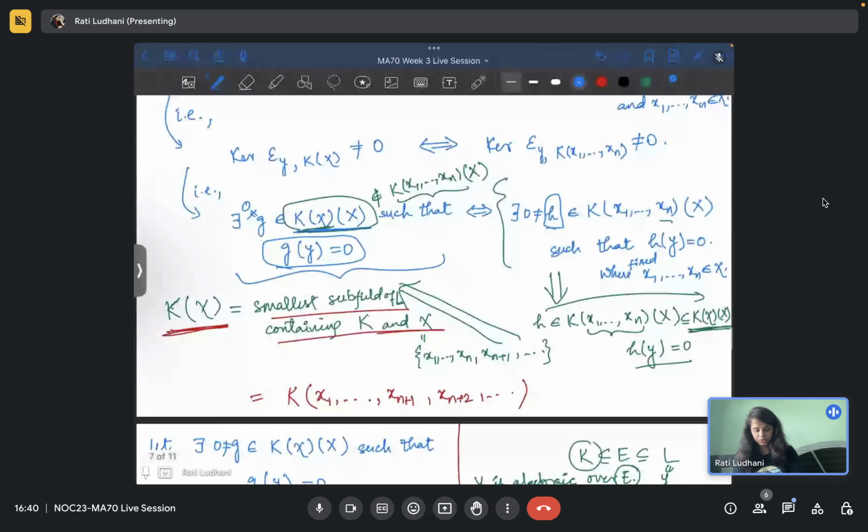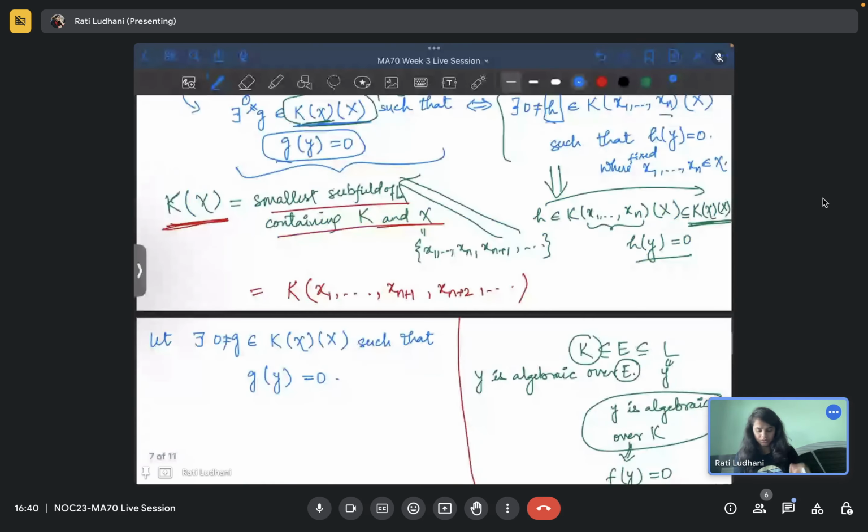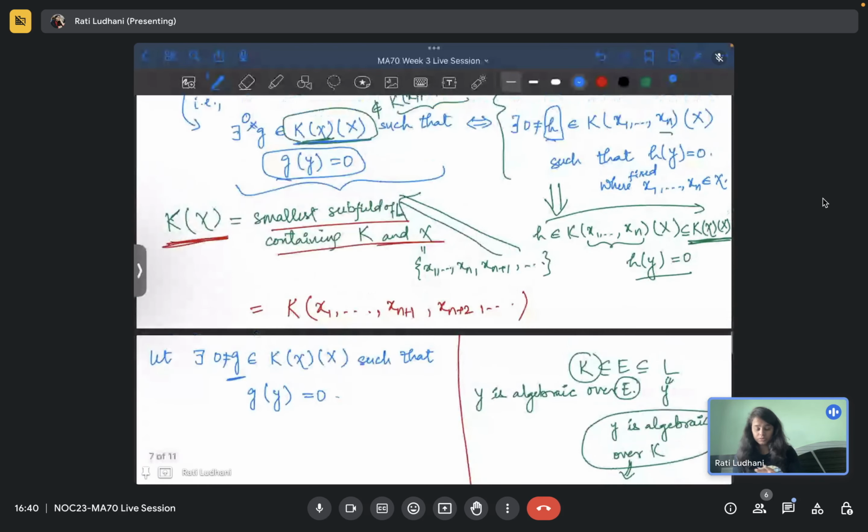Now we need to prove that. Can we construct some polynomial using the information of G? Not even a polynomial, can we get a field?